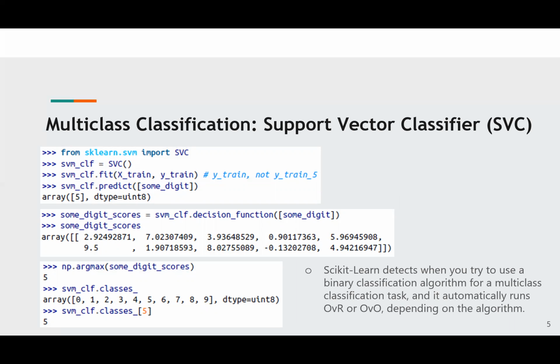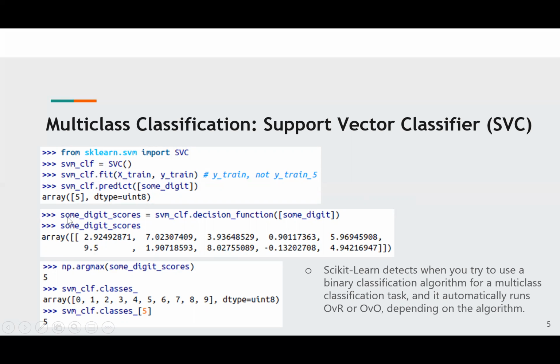So you have this SVC class, and you define this svm_clf classifier, and then you use the fit function to train on your X_train data versus y_train, and then you try to predict using your svm_clf classifier.